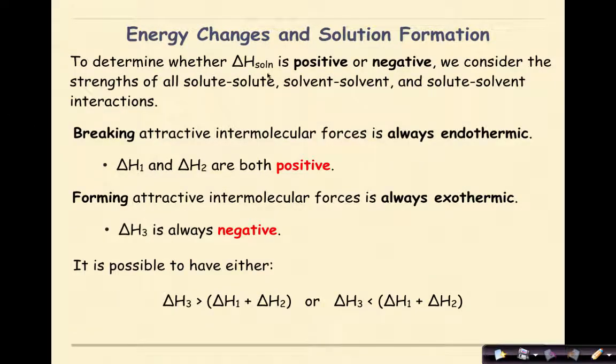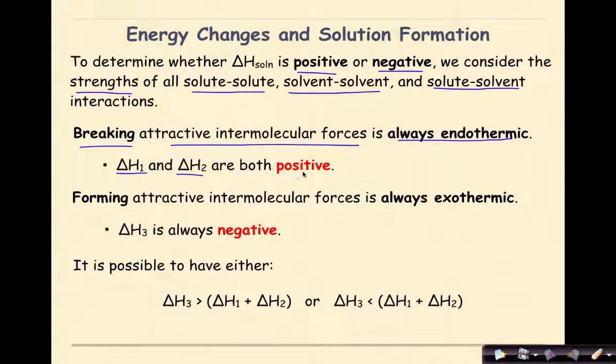To determine whether the heat of solution is positive or negative, we consider the strengths of all the solute-solute, solvent-solvent, and solute-solvent interactions. Breaking attractive intermolecular forces is always endothermic, so therefore delta H1 and delta H2 are going to be positive. Forming attractive intermolecular forces is always exothermic. Therefore, delta H3 is always going to be negative.